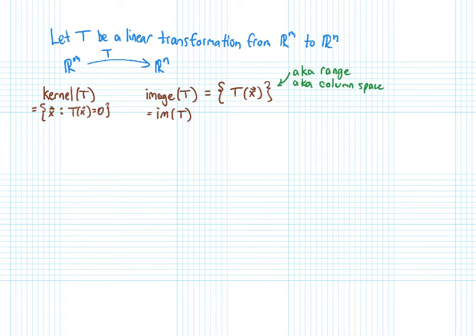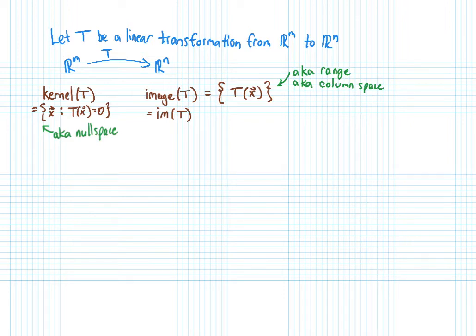I actually looked it up and I couldn't find a good explanation for why the word kernel is used in this context, but it is a widely used term. There's another term that's commonly used, which is the null space. I know it's a lot of words, but because linear algebra is such an old subject and it's applied in a lot of different areas, there are different words that are used by different groups of people.